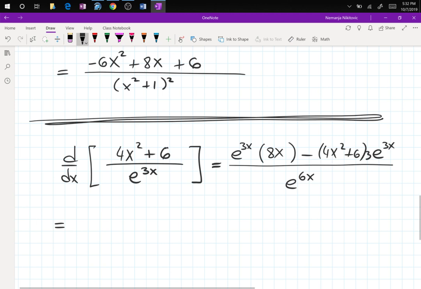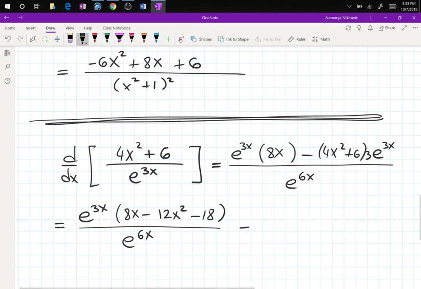So now we see that we can pull out e to the 3x, and we have e to the 6x down there. So now I have 8x minus 12x squared, because 3 times 4 is 12, and then I have minus 18 inside as well.